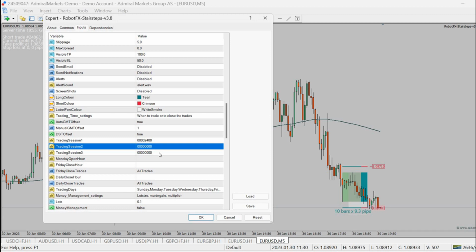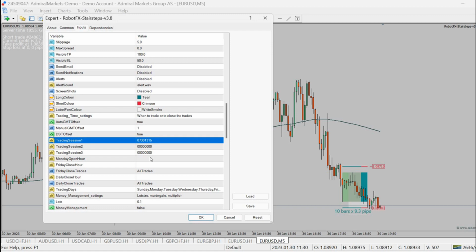If you leave it just at 0, it means that this option will be ignored. So, in other words, another example: if I want the expert advisor to trade from 7:30 in the morning, I would enter start at 0730, 7:30, until let's say 1:15 p.m., or 15 minutes.